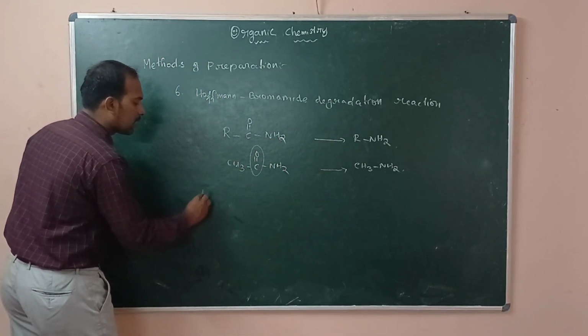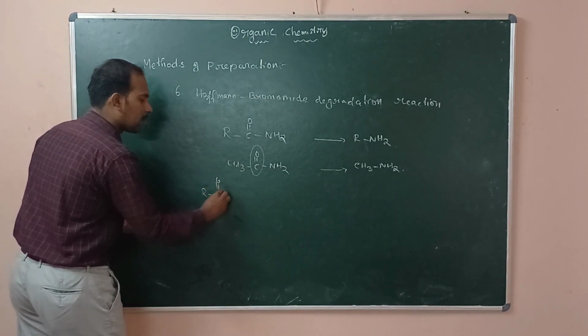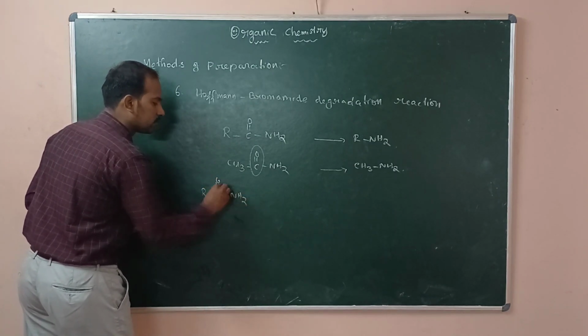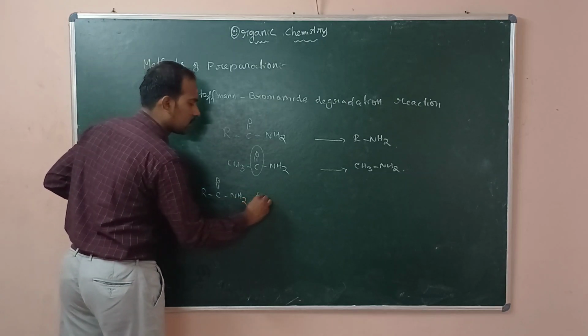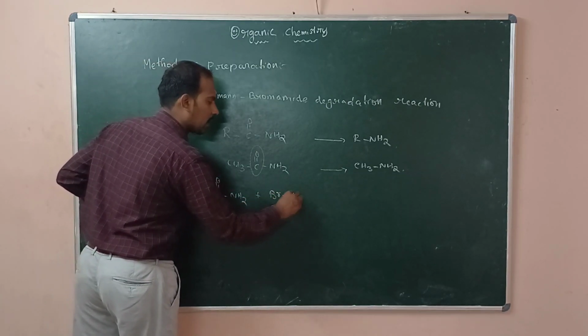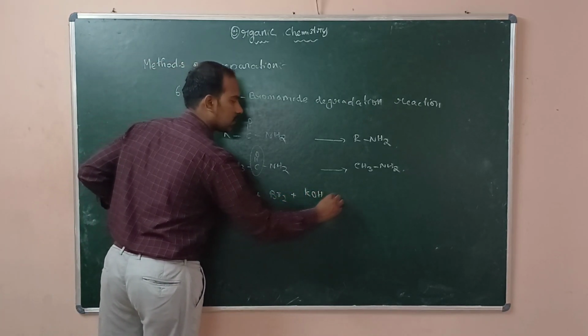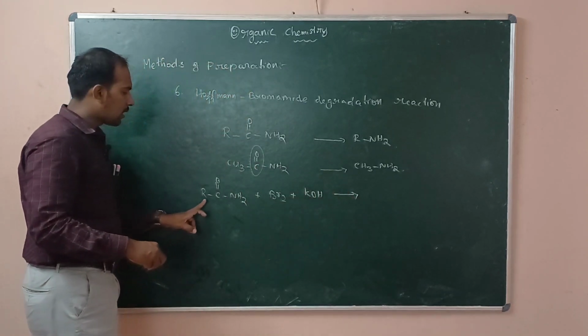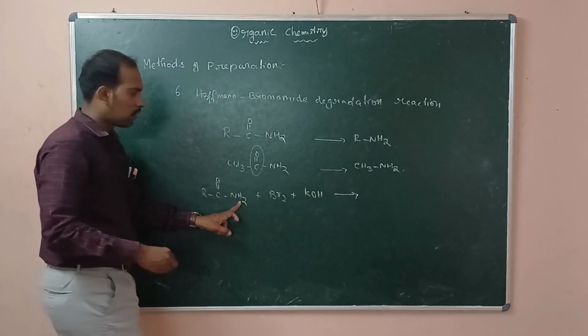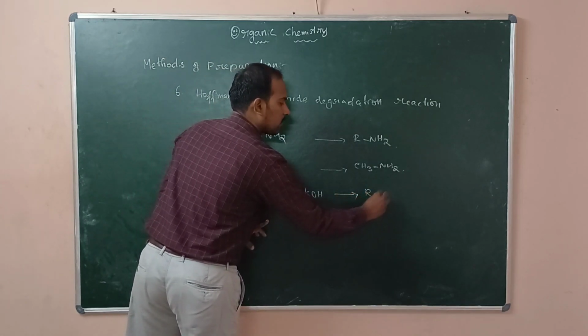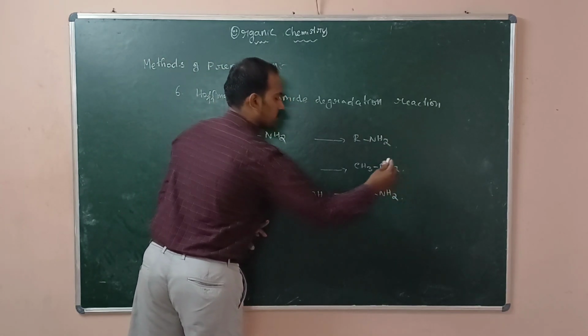The general reaction is RCONH2 reacting with bromine plus KOH. Now write the product first, RNH2.